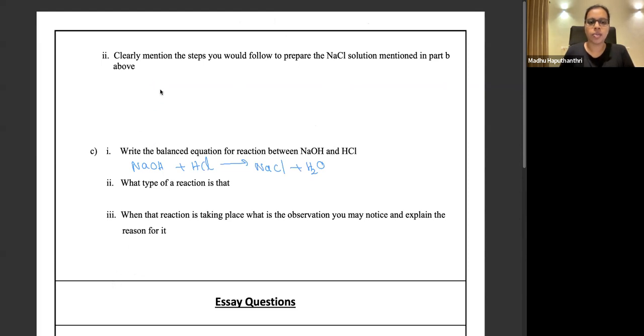Answer has already reached me. Very good. So this is a neutralization reaction. Right? Neutralization reaction, because acid and a base are reacting together. So not the exothermic reaction. No? I'm asking for the type of the reaction. So then the best answer says it's a neutralization reaction.